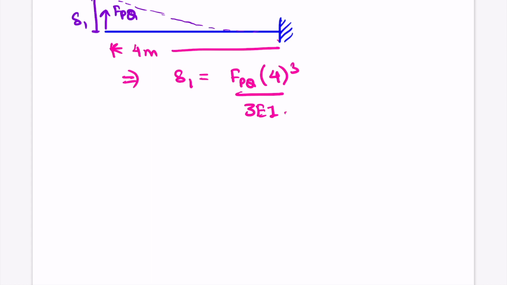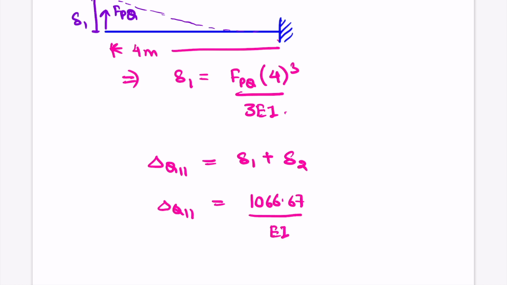Now we know delta 1, we know delta 2. We can find delta Q2 as delta 1 plus delta 2. Delta Q2 will be equal to 1066.67 divided by EI. And what is delta 2?